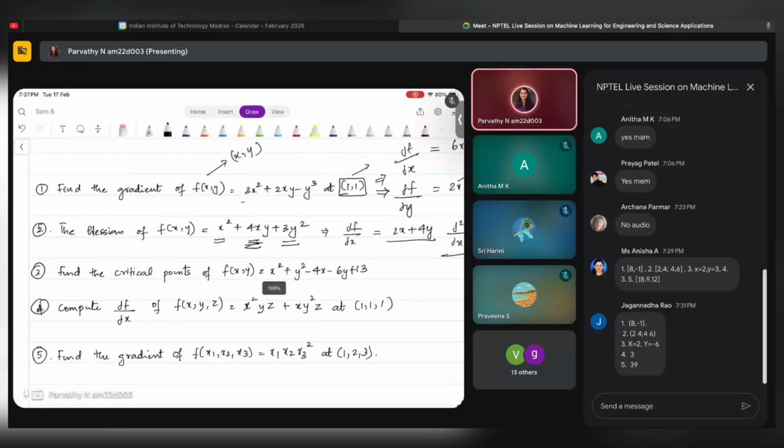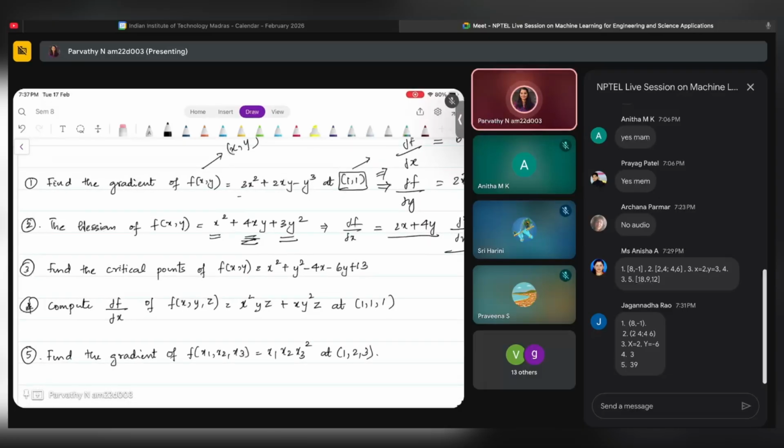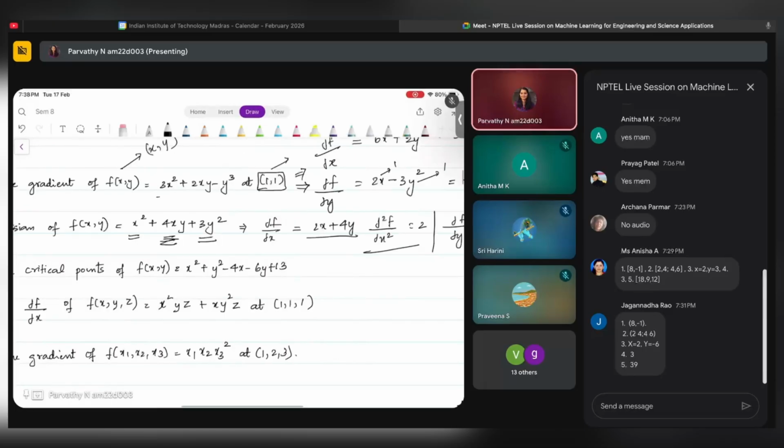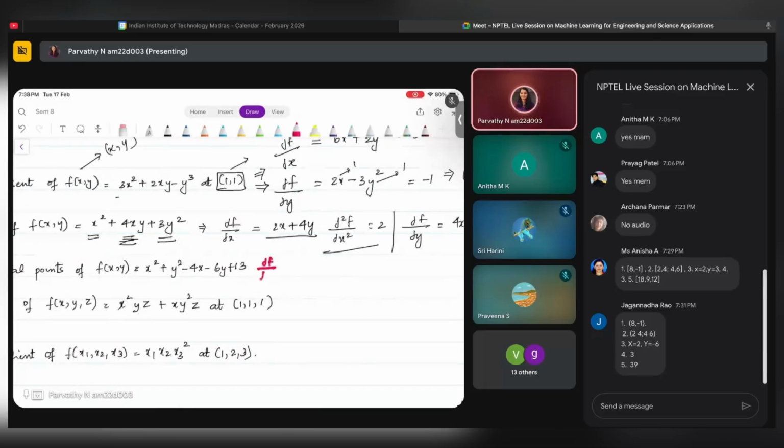Now the next question is, find the critical point of f of x comma y equal to x² + y² − 4x − 6y + 13. The critical point is where ∂f/∂x is equal to 0, and also ∂f/∂y is equal to 0.